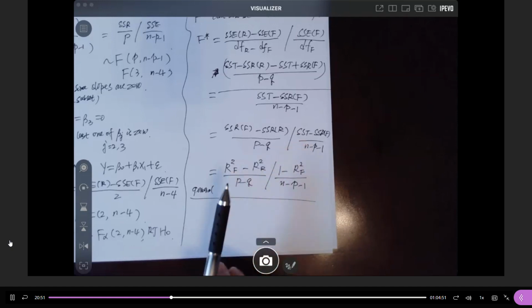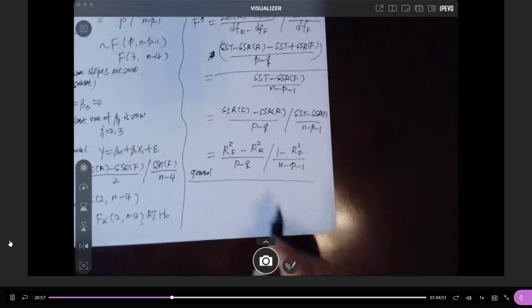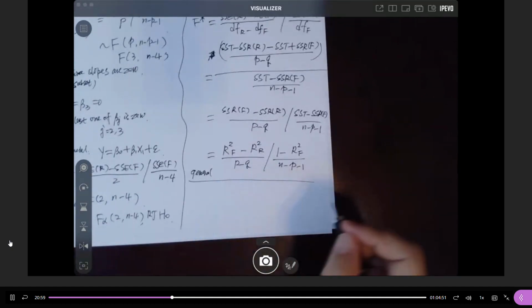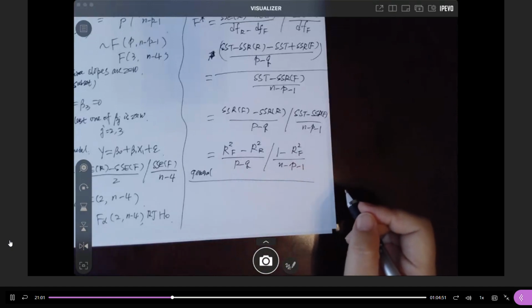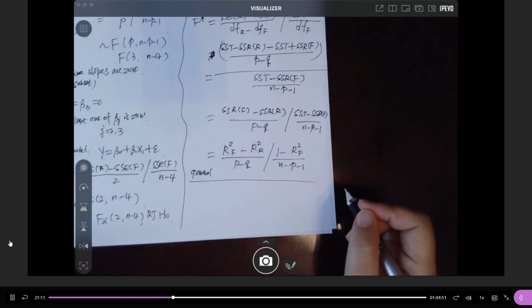That's the original, not the adjusted. The adjusted one is divided by its own degrees of freedom. We didn't do that. Original R squared, okay? SST is the same for any model, no matter whether you use the full model or the reduced model. Keep in mind, that's the key here.